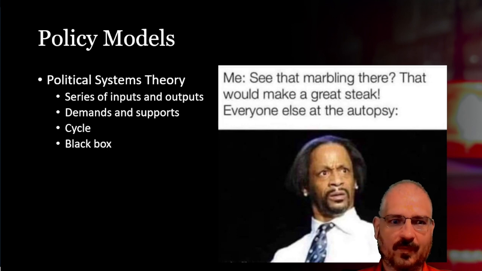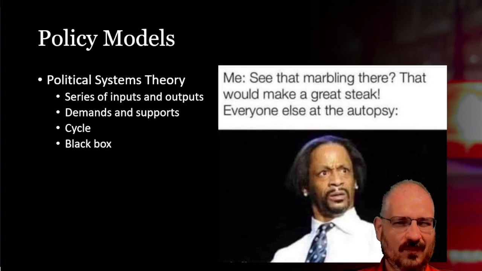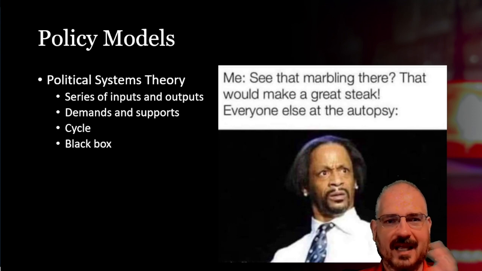So, first one we're going to talk about here is political systems theory. This sees the policymaking process as kind of a black box. So how policy is actually done is just hand waved over. This sees policy making as a series of inputs and outputs.